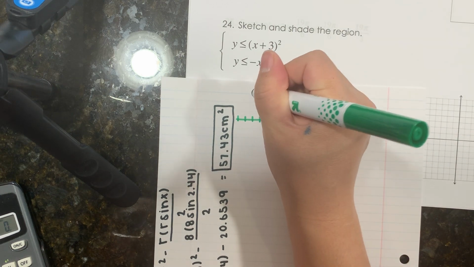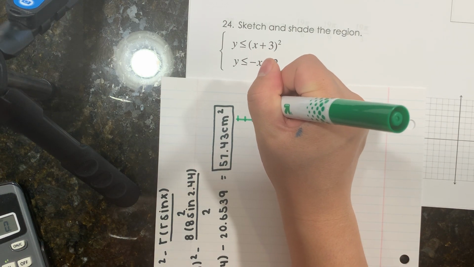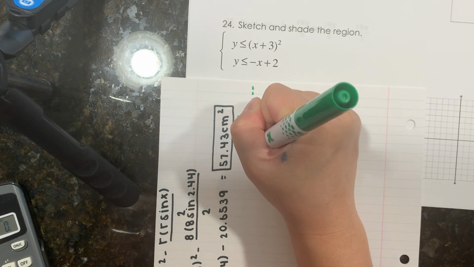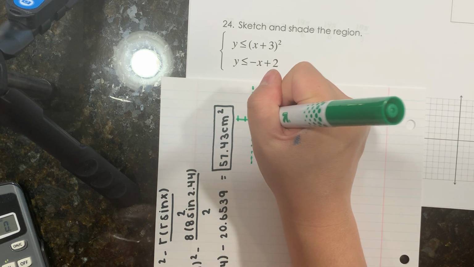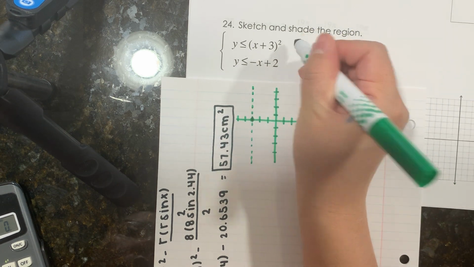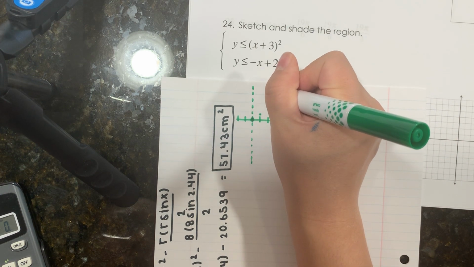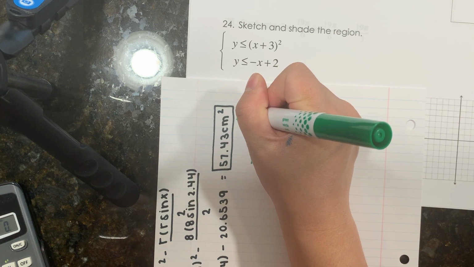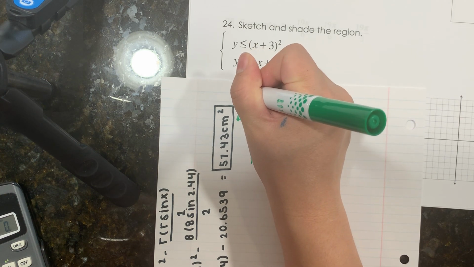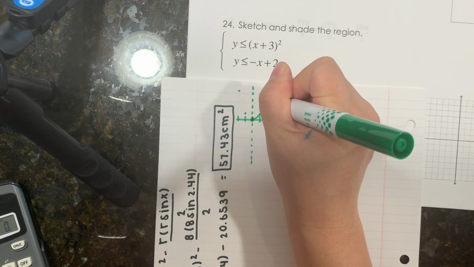So -3 is going to be the axis of symmetry, because remember you said x plus 3 equal to 0. And it's starting at 0 because there's no plus k. So it'd be over 1, up 1 from there, and then over 2, up 4. So you should have a parabola that looks something like this.